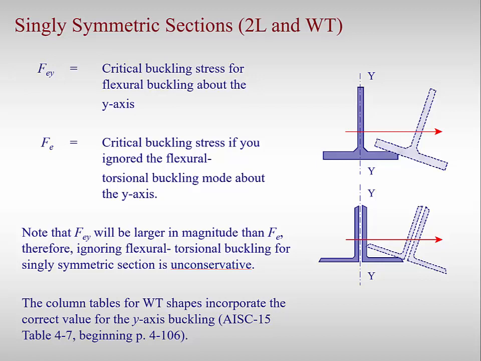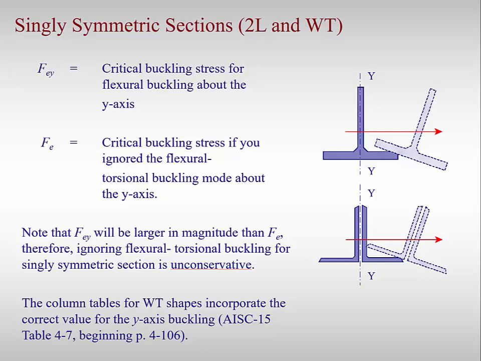The design capacity values in column design tables for WT and two or double angle shapes are correctly calculated for flexural torsional buckling. Because you have two different modes of buckling, you cannot properly obtain the buckling strength from the other axis using an equivalent effective length like we did with the W shapes.